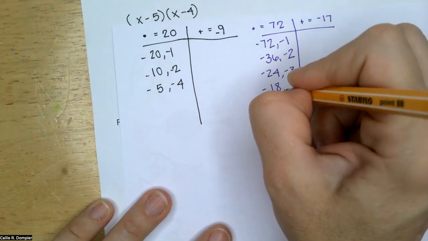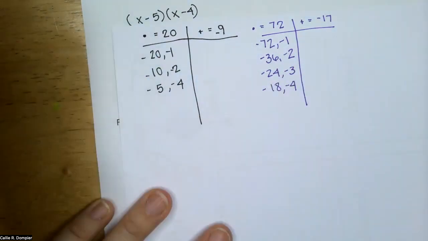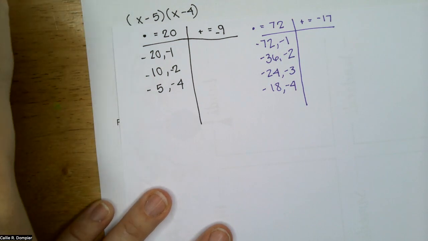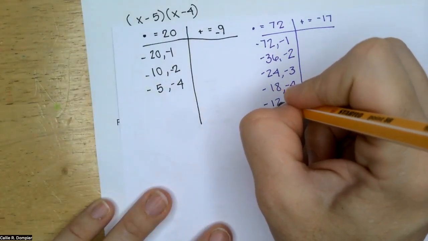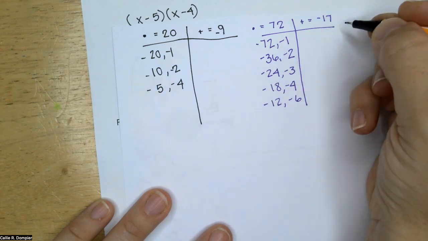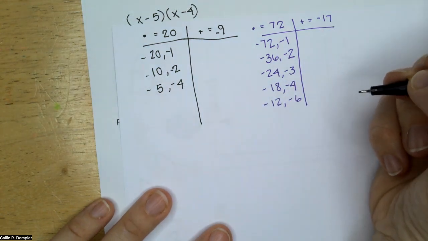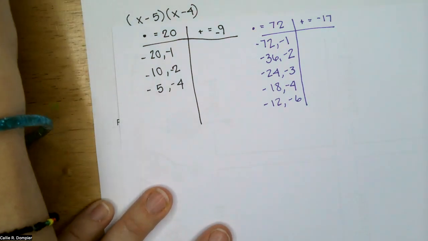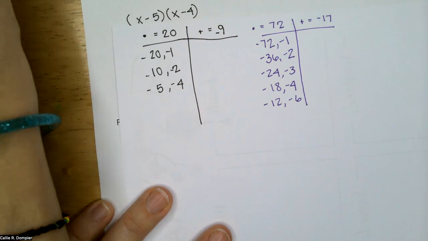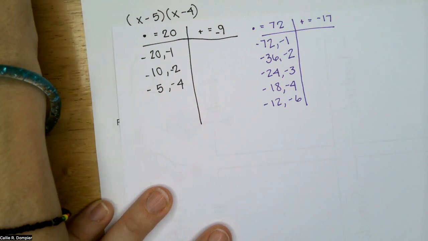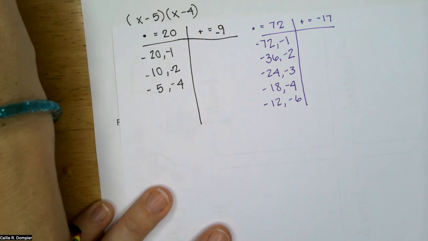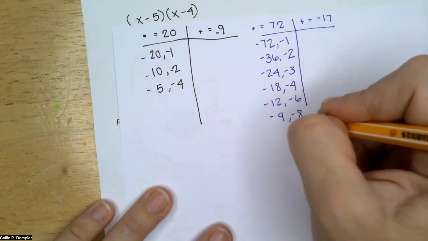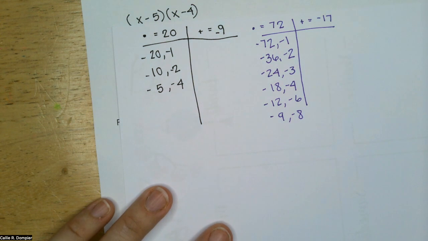Negative 18 and negative 4. It wouldn't be 5, right? Negative 12 and negative 6. Make sure none of them are adding up to 17, which they're not. We got up to 6; divided by 7 doesn't work. 72 divided by 8 is 9. Negative 9 and negative 8. And those do add up to negative 17.